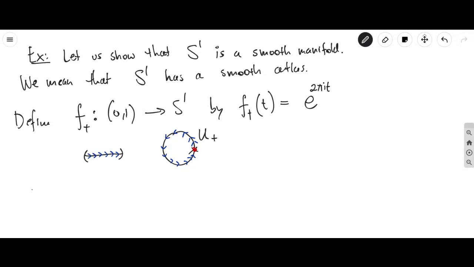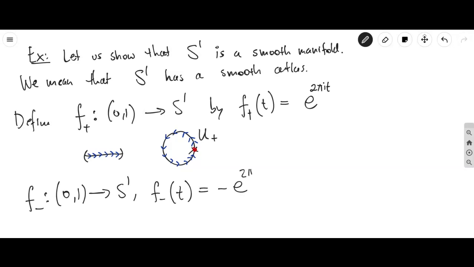And then the other map, we're going to call it F minus. It's going to go from (0,1) to S1, and it's defined by F minus of t is going to be negative e to the 2 pi i t.